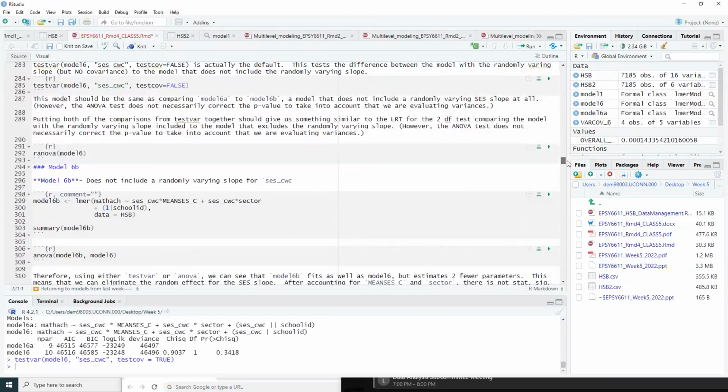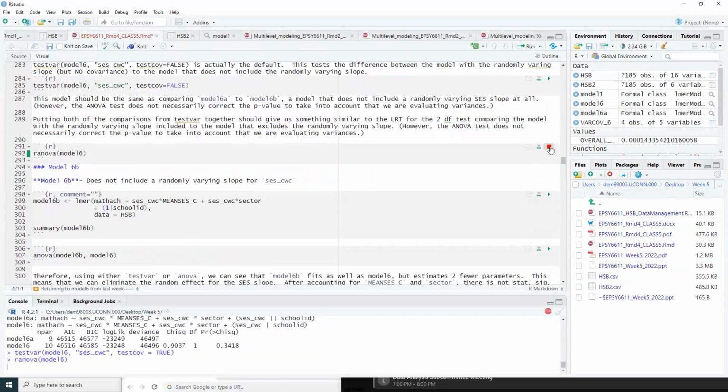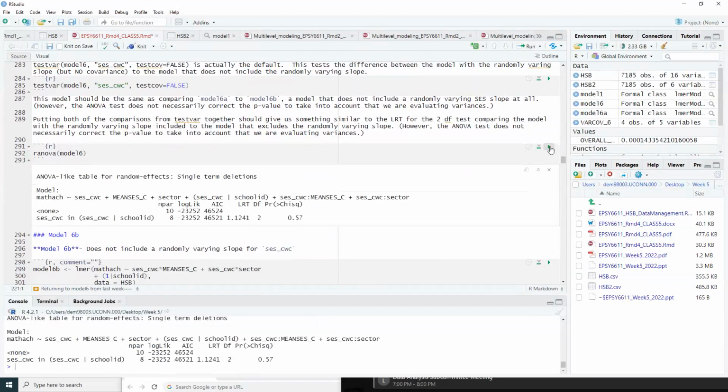Okay. So now let's do RANOVA, by the way. If I run RANOVA on model 6, it looks just like ANOVA, but again, we only have one model. It says ANOVA-like table for random effects, single term deletions. Now be careful, single term deletion means I'm deleting one term, but it doesn't necessarily mean I'm only deleting one parameter.